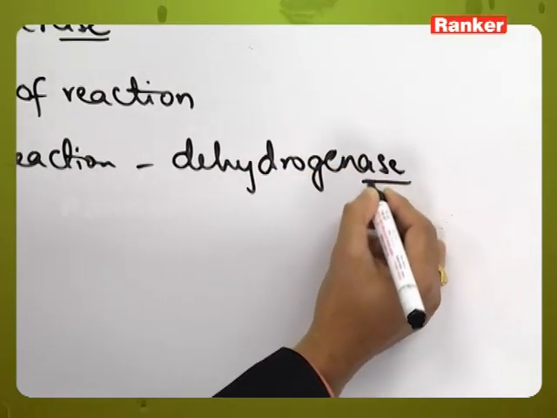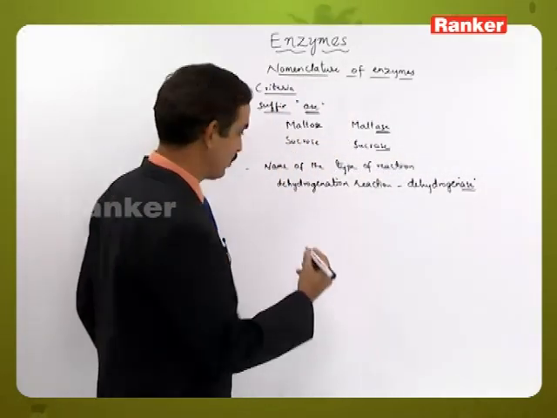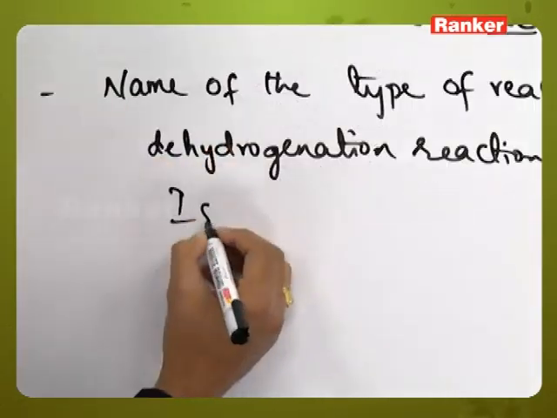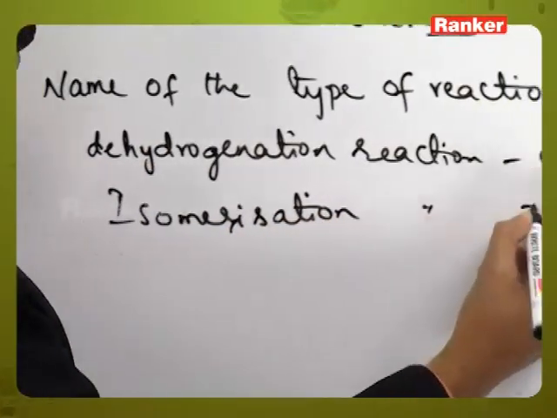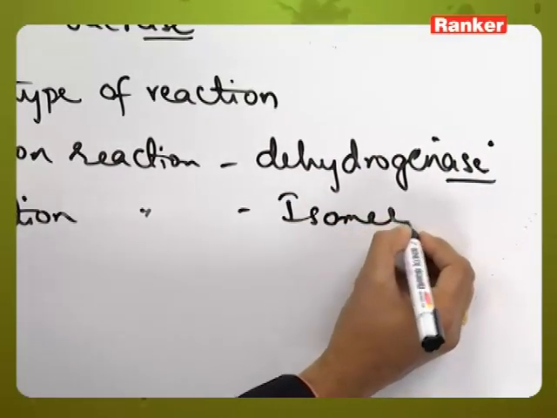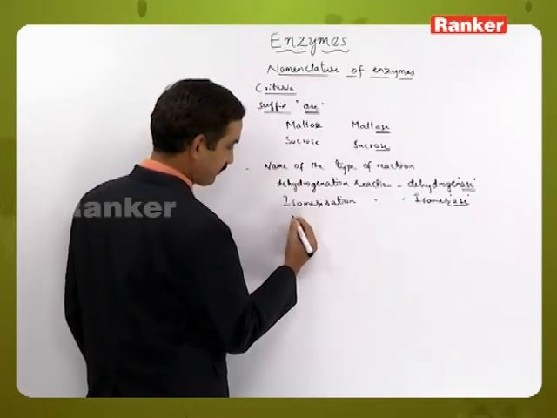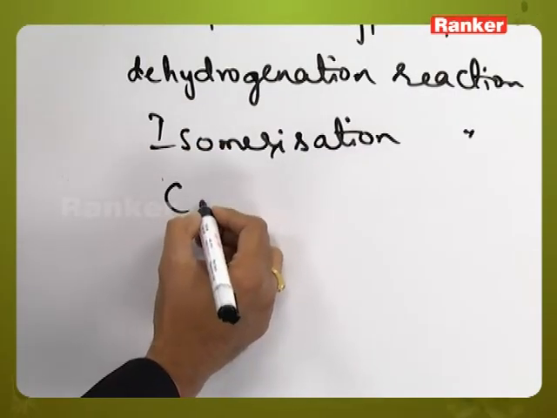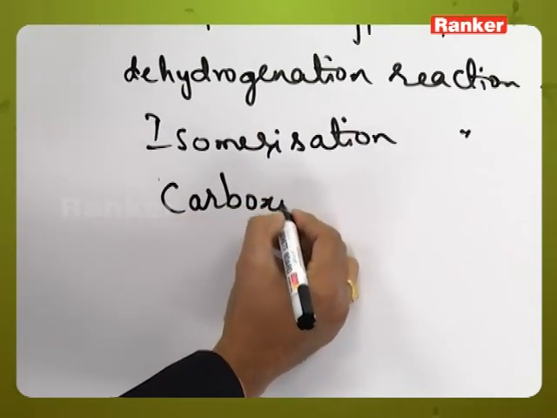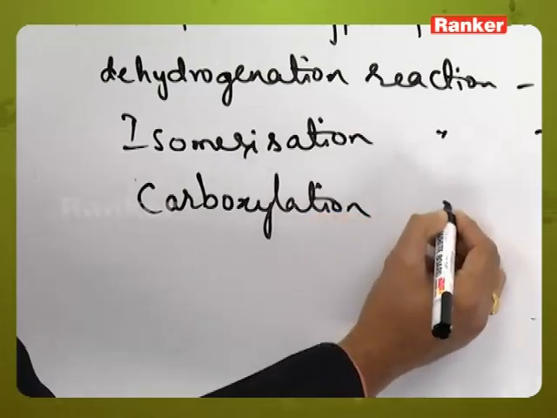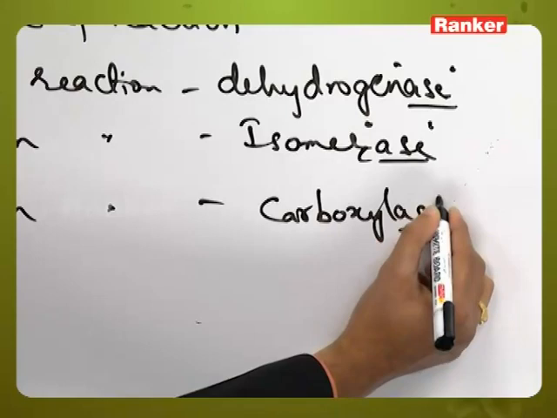Here also, at the end of the type of reaction, the suffix "ase" is used. And if it is participating in the isomerization reaction, then the enzyme is called isomerase enzyme. In the same way, if the enzyme is participating in a carboxylation reaction, the enzyme is carboxylase.